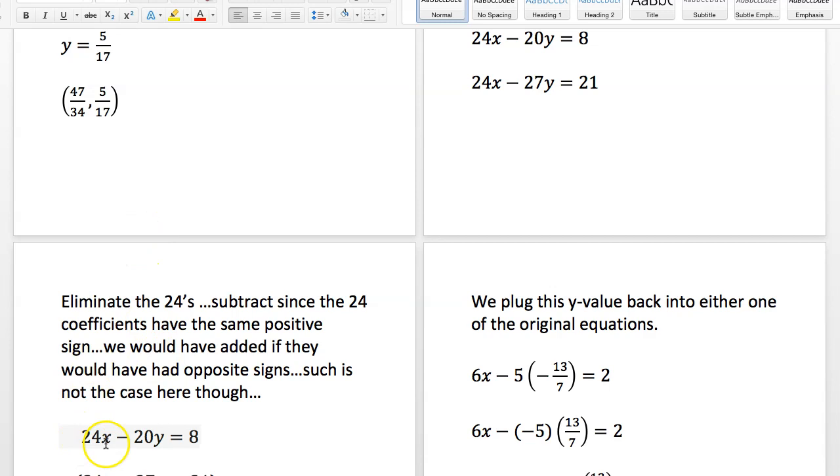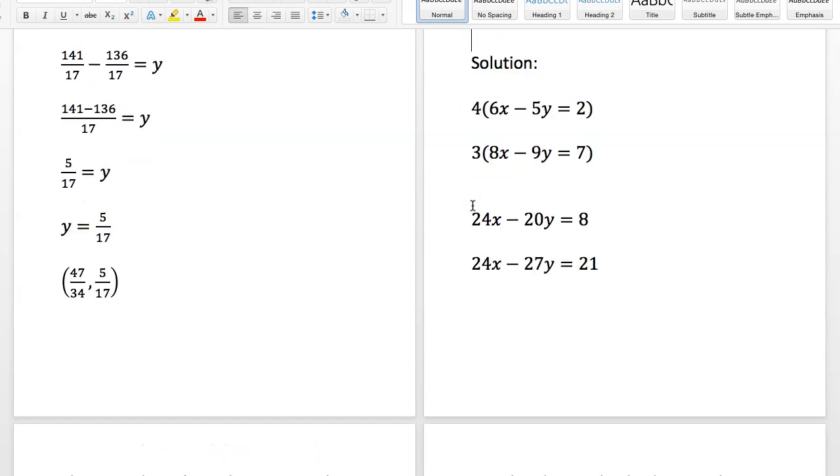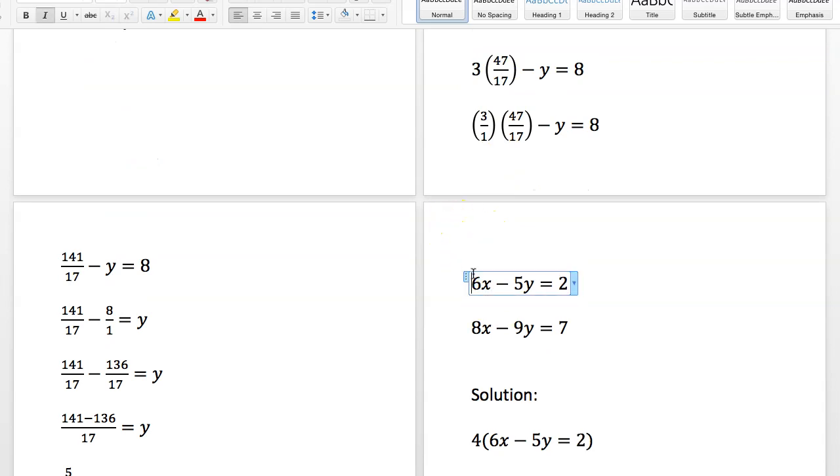Okay, so we had 24x minus 20 equals 8. But that was after we lined up the x's. That wasn't the original problem. The original problem, here we go. Okay, this was where it started. And I'll call this number 2, the next problem.